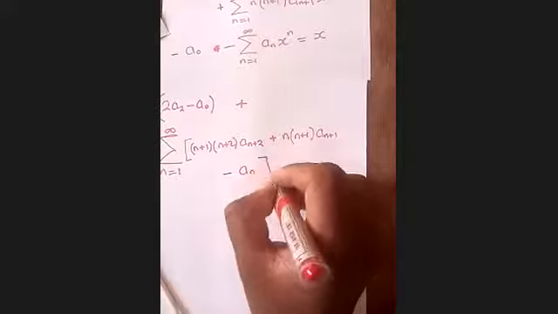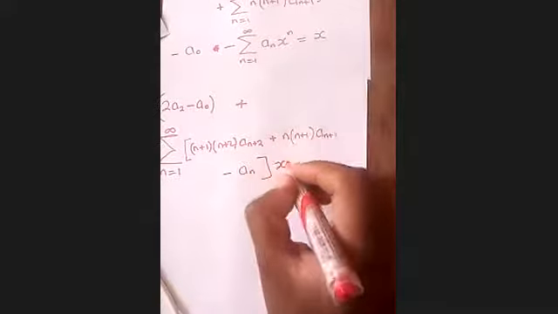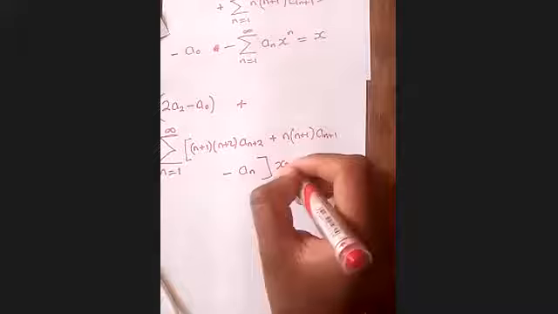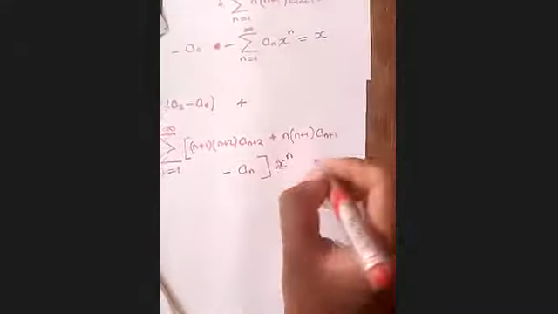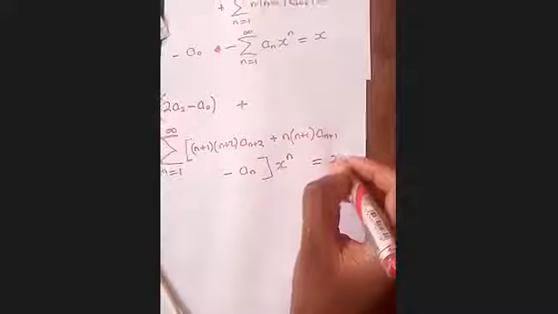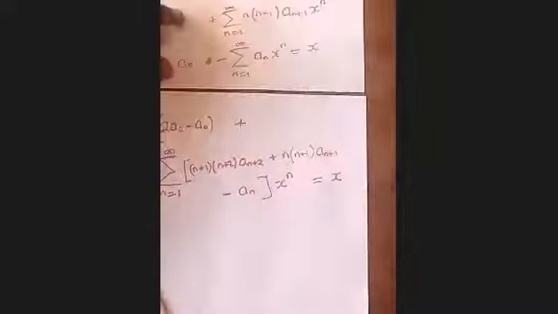Then everything under the summation together is x to the n, and everything is equal to x.